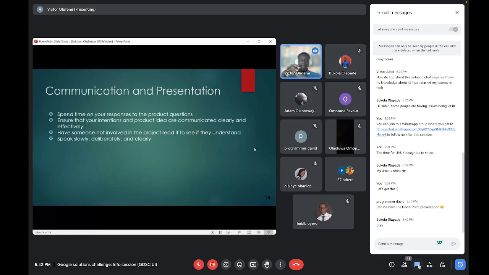Some people might be wondering how to get people in the field to check it out. For instance, you build something centered around health, maybe an app for doctors. It's not compulsory that you go to the teaching hospital in Ibadan, I think it's Ibadan Teaching Hospital, you can correct me if I'm wrong.